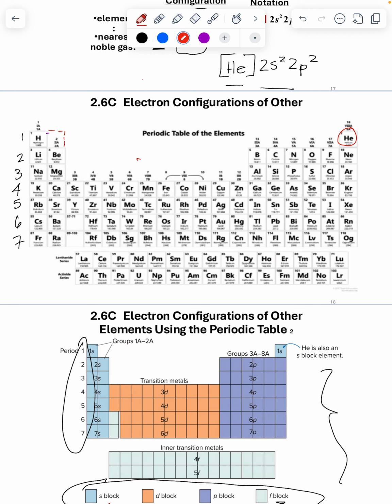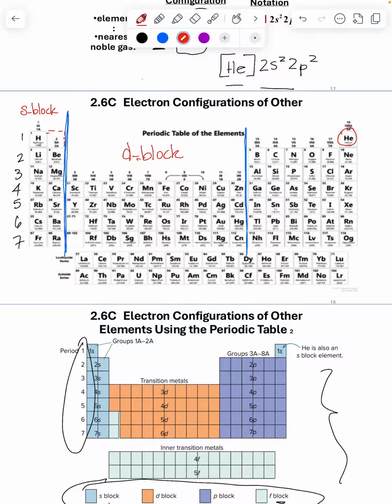So on your periodic table, I would like for you to label the different blocks. So we have the S block is here, and the S block consists of just these first two groups, groups 1 and 2. So I'm going to just draw a dividing line right there. The block over here in the middle, we'll just go there first, that goes all the way from this first blue line to the second blue line. This is called the D block.